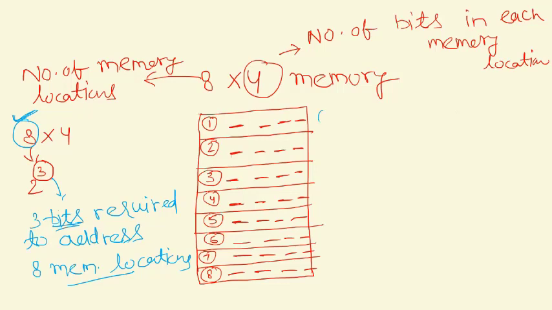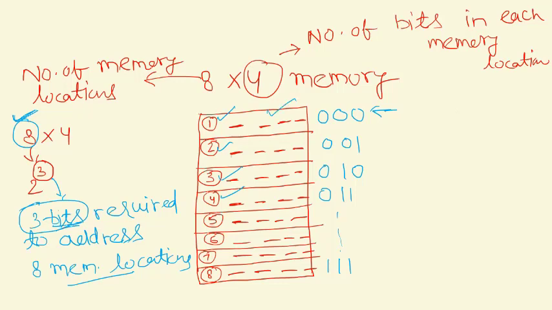So if these bits are 000, it indicates the first memory location, and 001 denotes the second memory location, 010 the third memory location, 011 the fourth memory location, and so on, up to 111. So each combination of 3 bits points out each memory location.